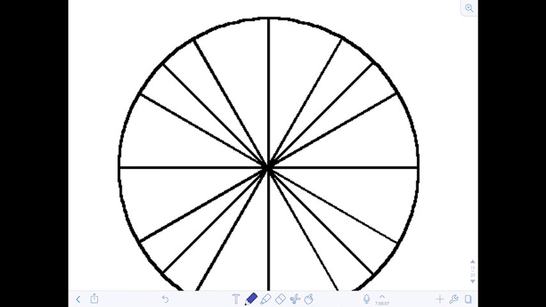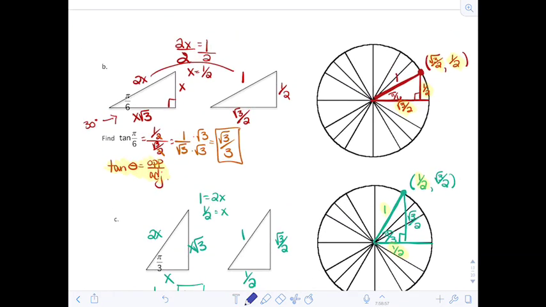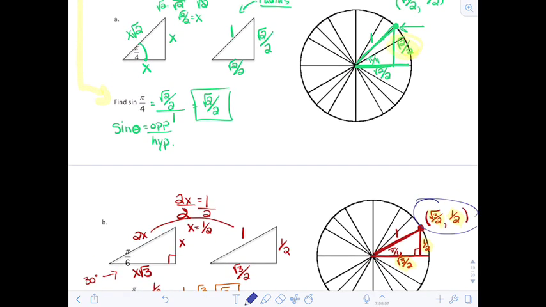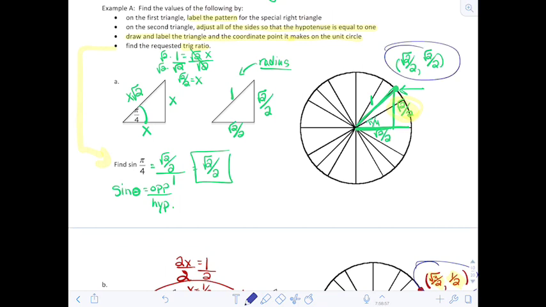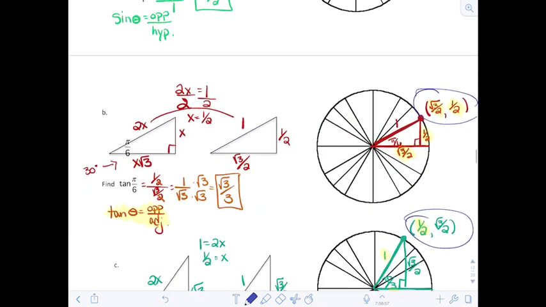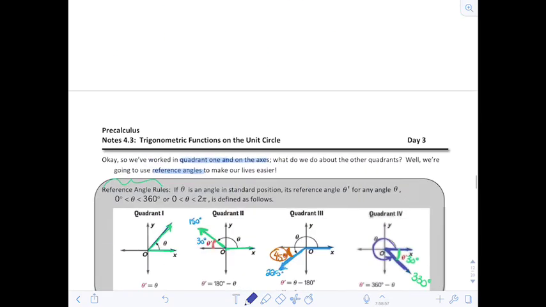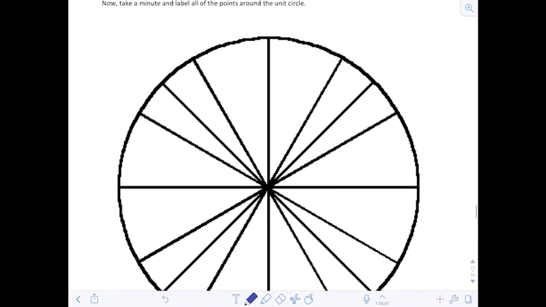What we have already done, and you don't have to scroll back, is we went all the way through and proved how we got the ordered pairs for the first quadrant, for the 30, 45, and 60. We showed how you can get those values from the right triangles. So now we're going to carry them through the whole unit circle using what we know about reference angles.